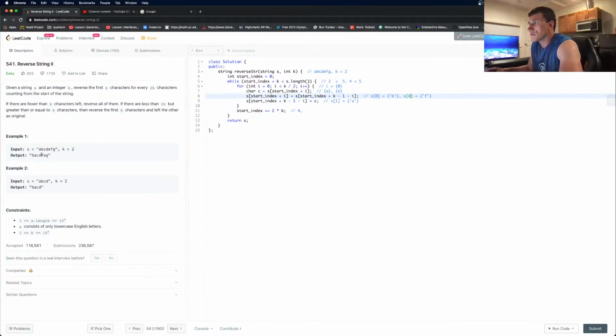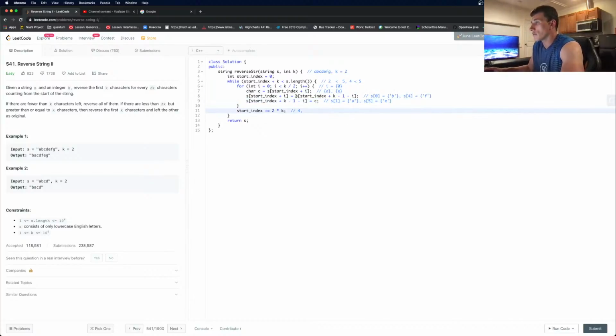Because F is the fifth element. No, wait. Yes. And E was the fourth element, which is this one, right? So we assign, so here s[5] equals E, to this one.